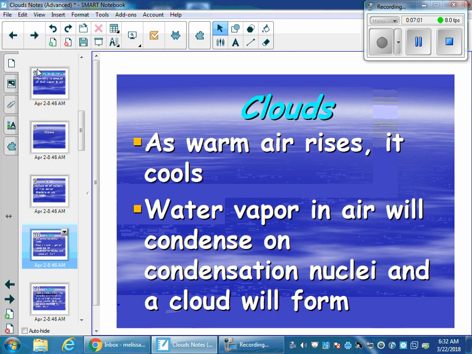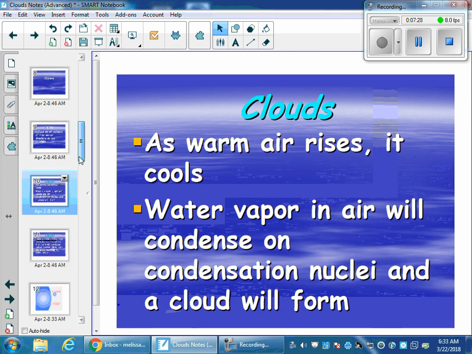So we have gas, water vapor in the air. When that warm air rises, it's going to cool. And when it cools, it will condense. And in order for clouds to form, they have to condense on what are called condensation nuclei. And when that happens, you actually get our cloud to form. So water evaporates, it's water vapor in the atmosphere. It rises, it cools. When it cools, it condenses on condensation nuclei.